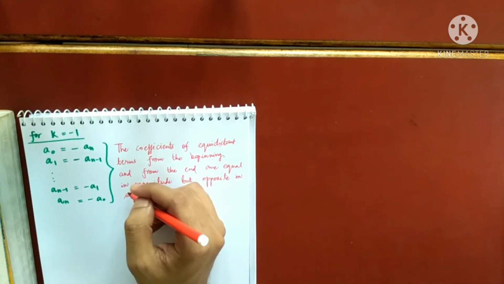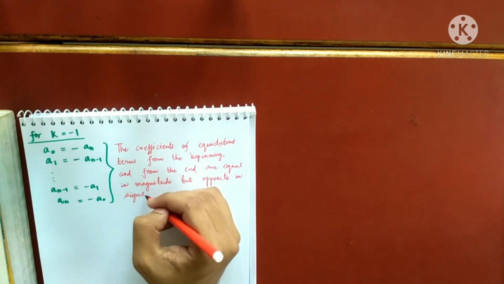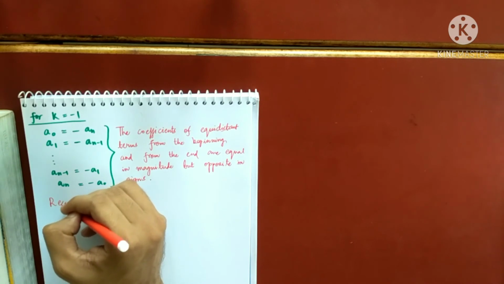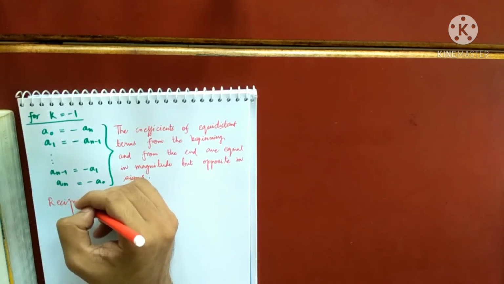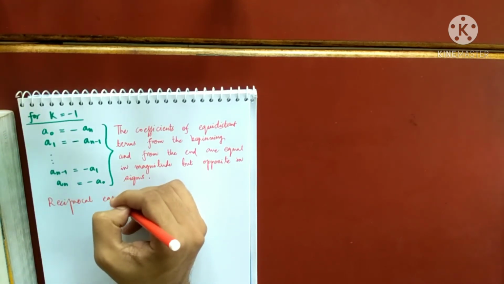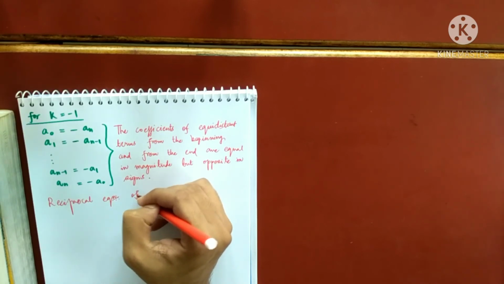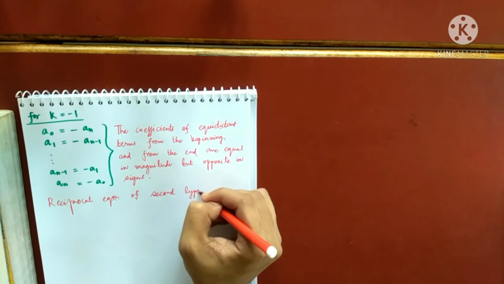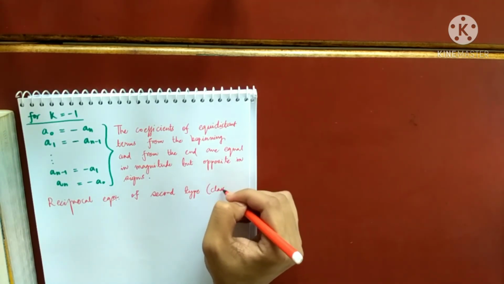Keep that in mind: they are equal in magnitude but opposite in sign. So that is known as a reciprocal equation of the second kind or second type, or class, anything you can say.